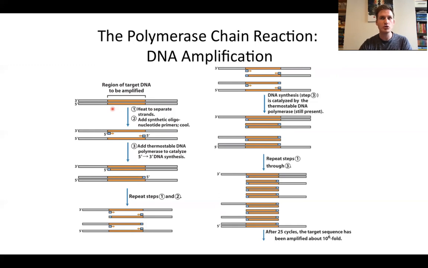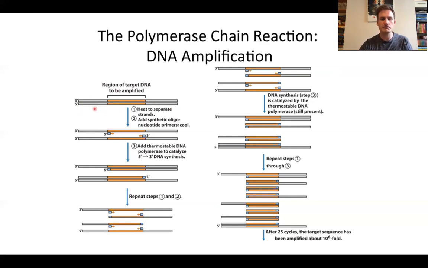But you have to derive that information from the entire genome. So here in this diagram, we have in this yellow-orange color a region of DNA we're interested in amongst the entire genome, which is colored in gray.